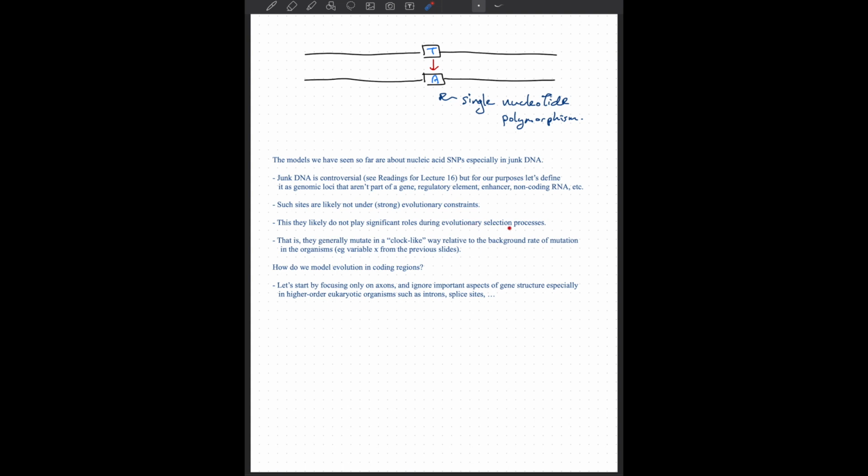If some nucleotide in the genome has nothing to do with the fitness of the individual in any way, shape, or form, it doesn't code for a protein or a non-coding RNA, it's not part of a binding site or an enhancer or anything interesting, then when it mutates, nothing happens. And the models we've looked at are really about those kinds of sites. It's often said that they generally mutate in a clock-like way.